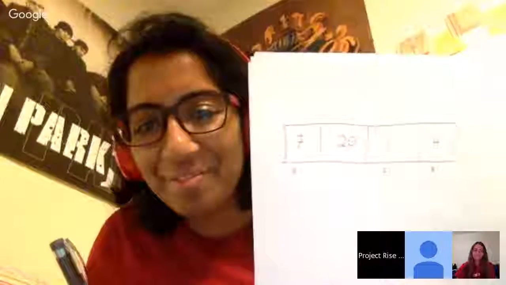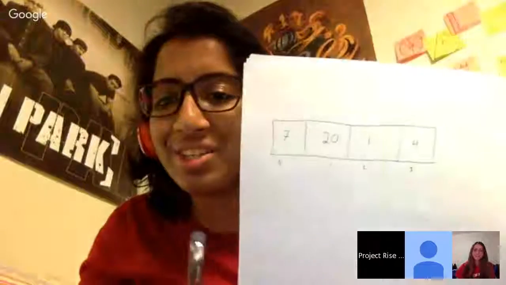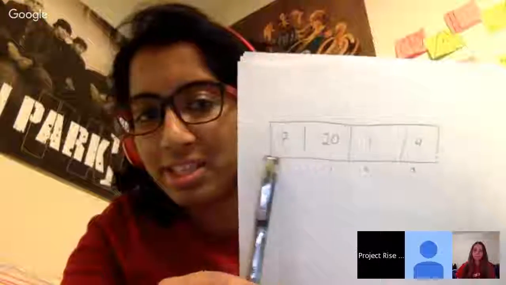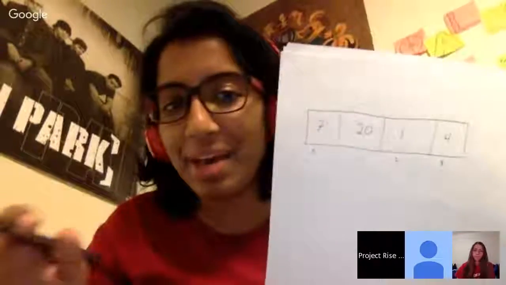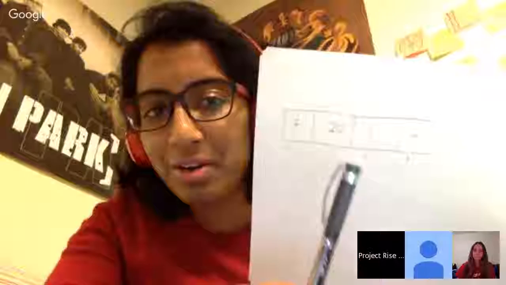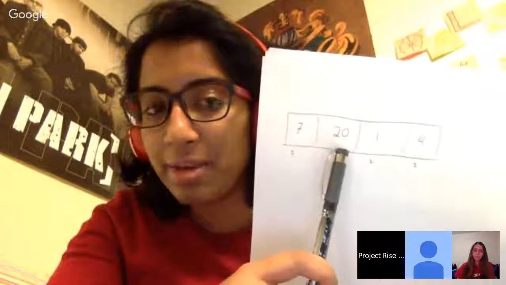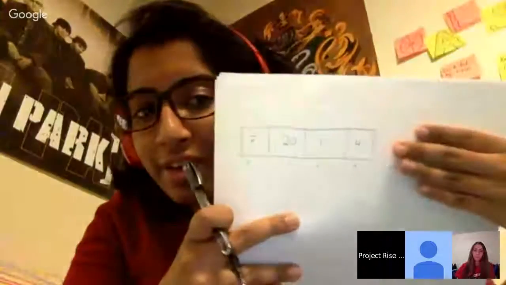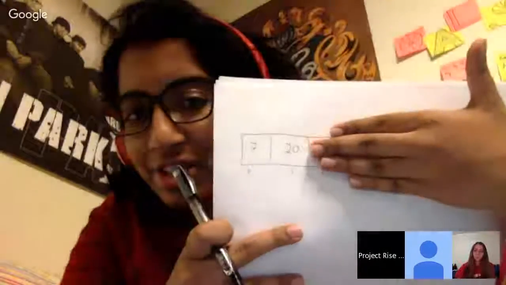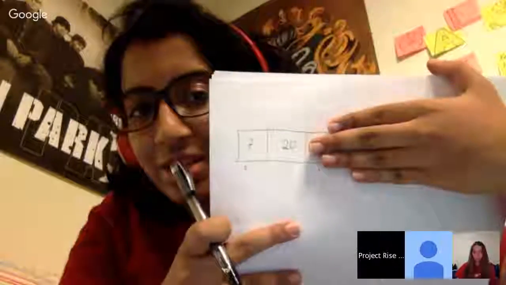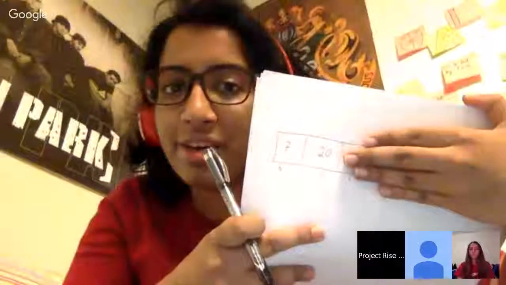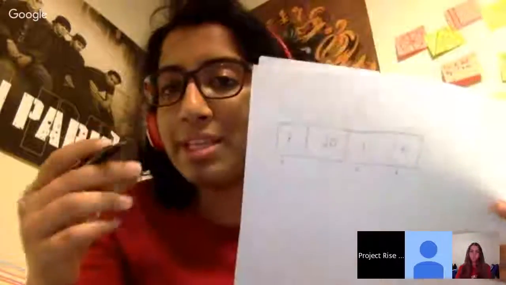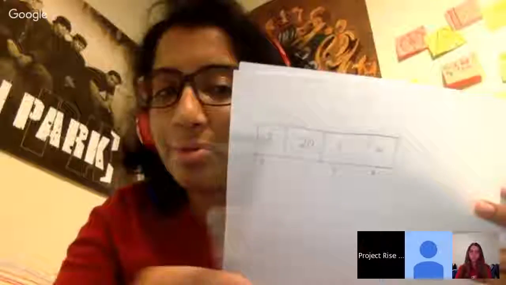What the insertion sort is going to do is say, let's say that the 0th position is set. We're going to sort the next element relative to that. So it almost ignores the last two and just looks at the first two elements and says, relative to 7, where does 20 go? Since 20 is bigger, we can just leave it here, because in increasing order the 20 would come after.